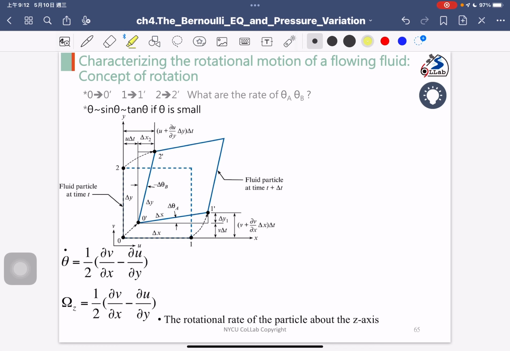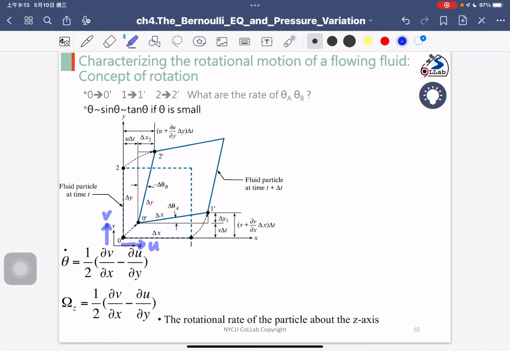Okay, so this is a little bit complicated, but you can see the condition is we have the point 0 here, and we have the velocity. We have the u velocity along the x direction at the point 0 here, and we have the v velocity along the y-axis at the point 0 here.